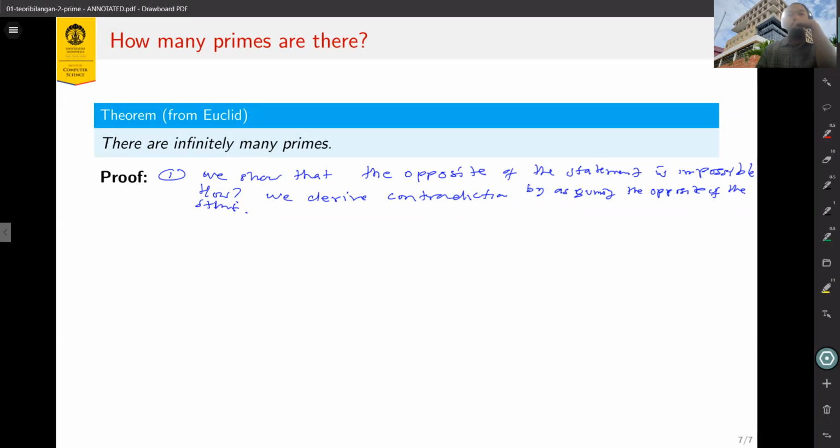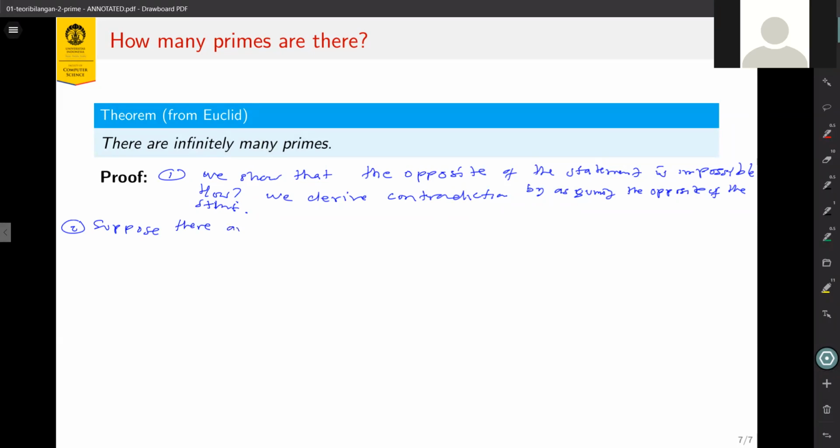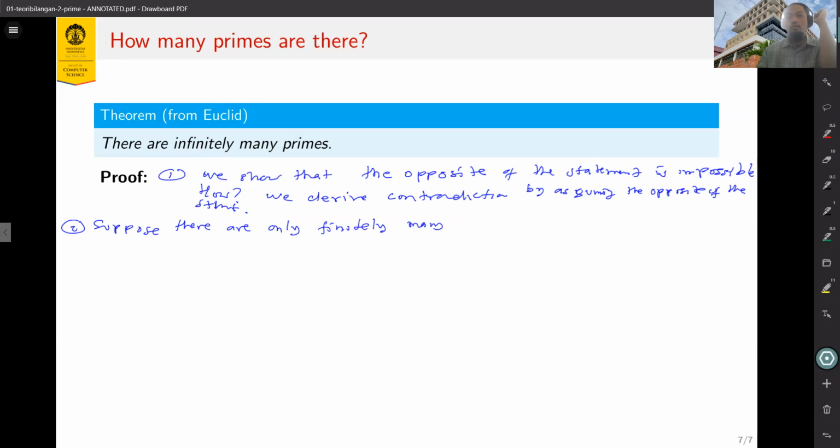So what is the opposite of the statement? We want to show that there are infinitely many primes. Then suppose we have only finitely many primes, right?